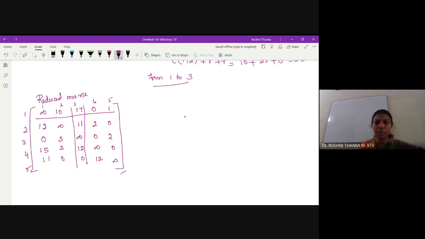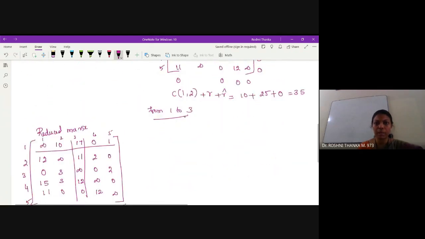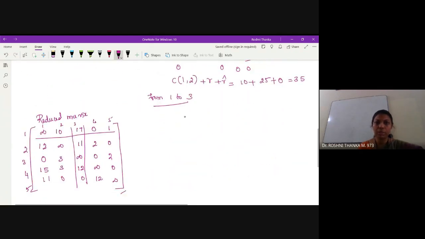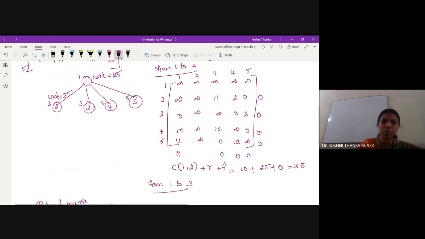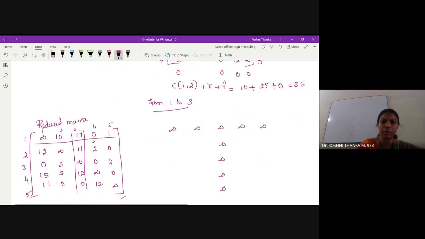So how will our matrix be converted? This first row completely will be changed to infinity, and then the third column will also be converted to infinity. And what is the third thing we did? We cannot move from 3 to 1, right? So 3 to 1 also should be converted to infinity.